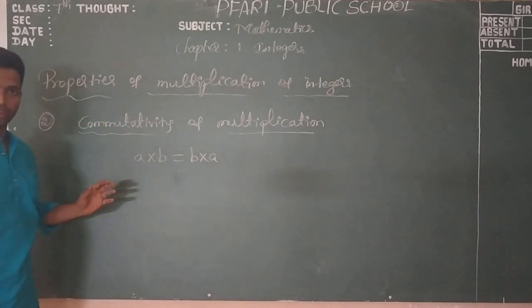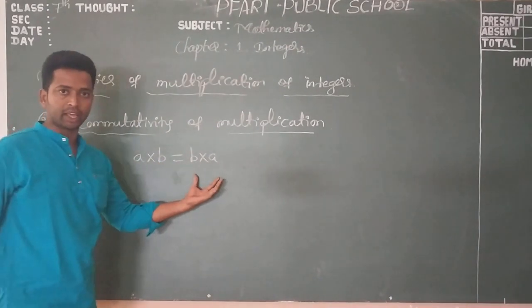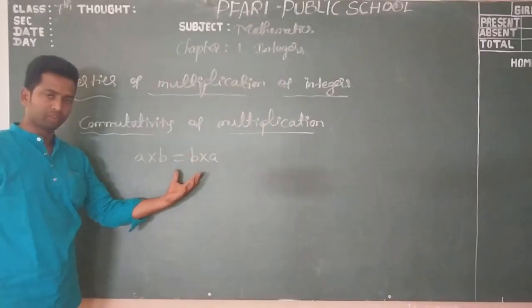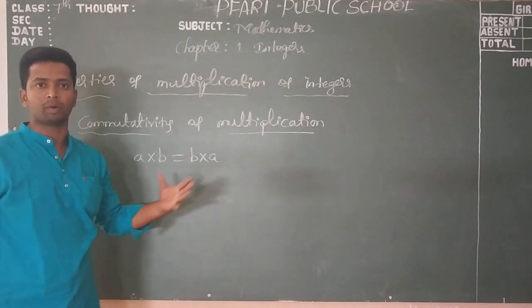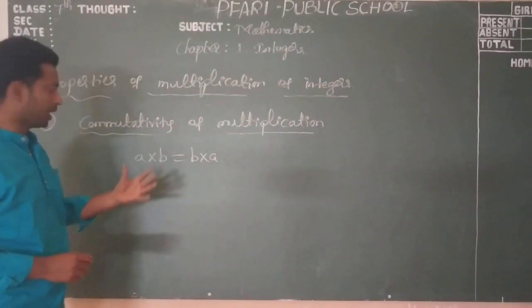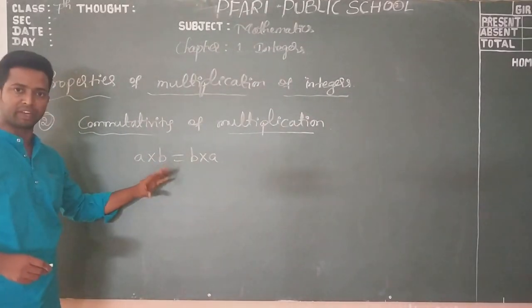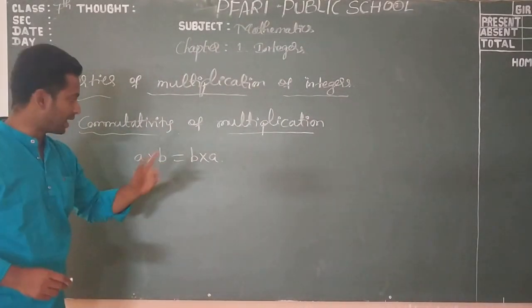By interchanging the integers, we obtain the same product. The product of two integers does not change when we interchange the place of the integers.